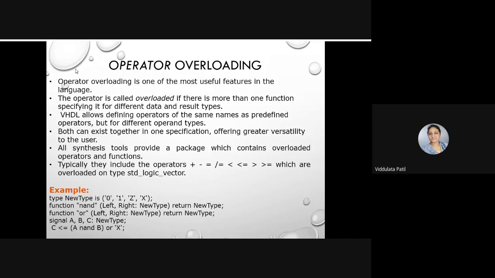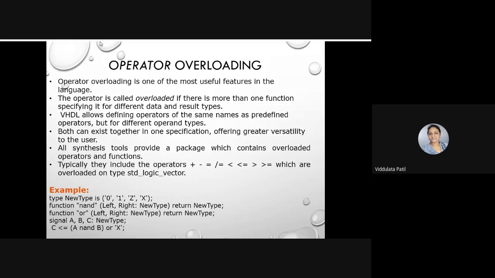VHDL allows defining operators of the same names as predefined operators, but for different operand types. Both can exist together in one specification, offering greater versatility to the user, and all synthesis tools provide a package which contains overloaded operators and functions.